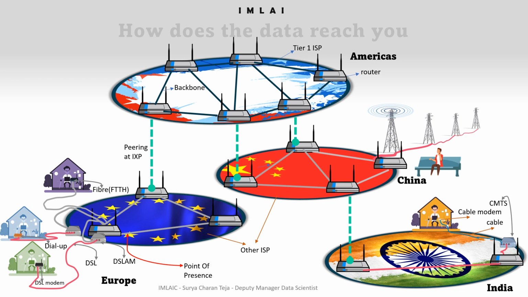That's what we are going to look at now, because that is also a very important aspect. The peering that happens at IXPs depends on the business relationships between ISPs, internet service providers. For example, a small ISP might pay a larger ISP for internet connectivity to reach distant hosts.